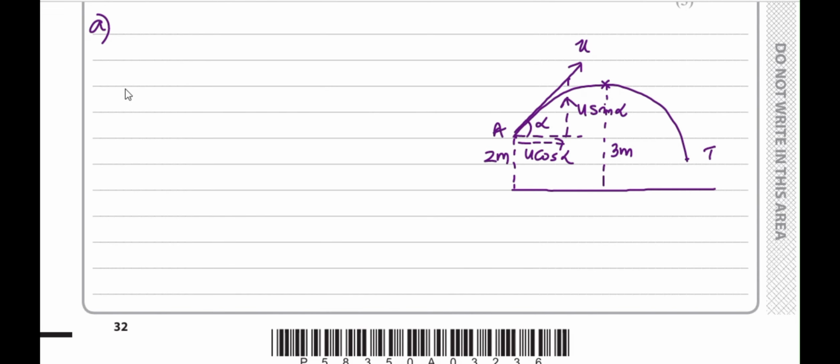Therefore, at that highest point, what will be the displacement? S equals 3 minus 2, which is 1 meter. Also at the highest point, the vertical component of the velocity, let's call it Vy, will be equal to 0 because it's going to turn around there, right?